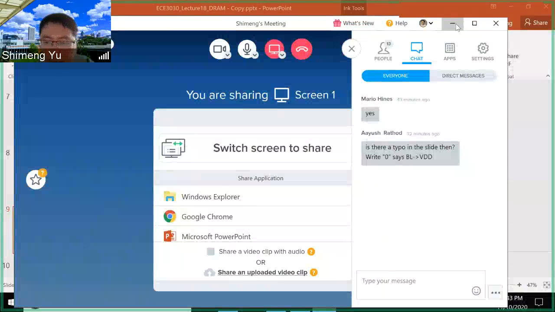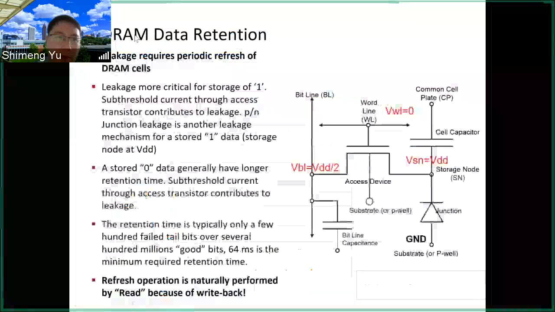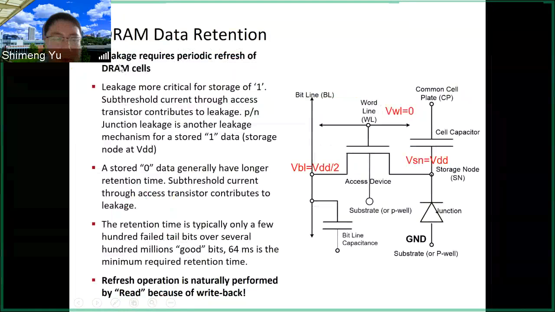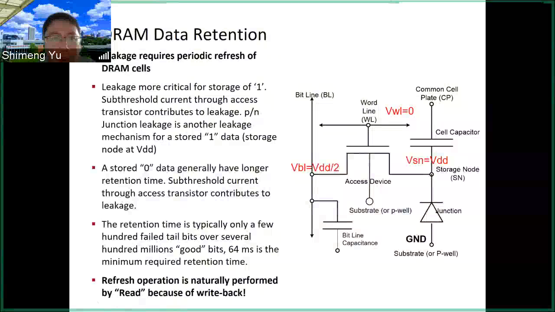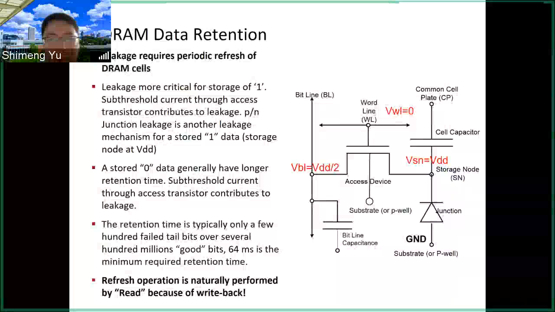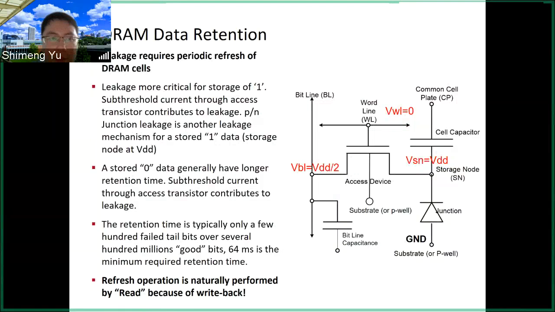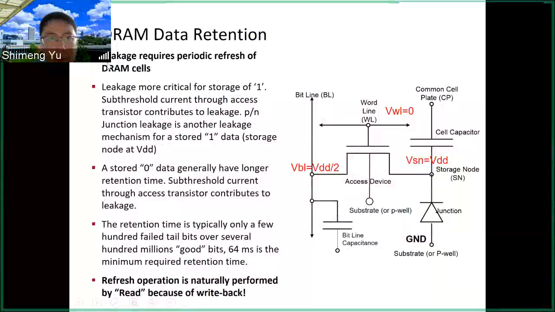All right, let's talk about the DRAM's data retention problem. DRAM is called DRAM because of this unique feature in its data retention. That is, DRAM's data will be gradually lost over time because of the leakage of the capacitor. As you know, the capacitor can temporarily hold some charges, but if there's any leakage current, then the charge will leak out.